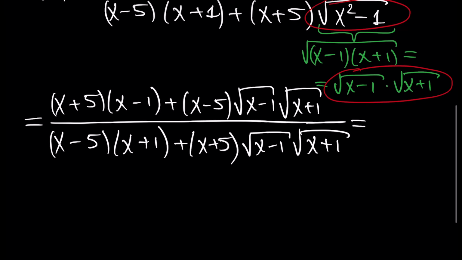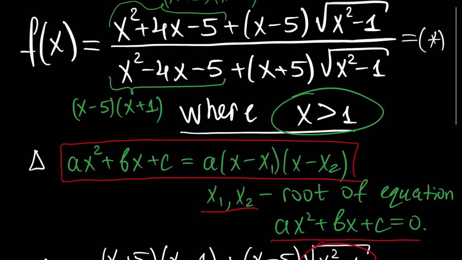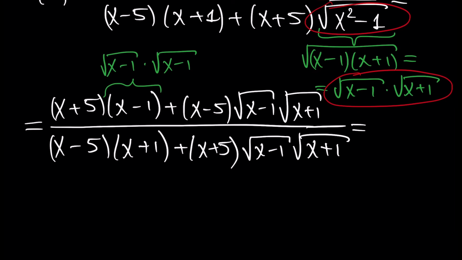And now, obviously, since this term is equal to x minus 1 times x minus 1, we have to remember that by the initial condition, x must be bigger than 1. That's why this square root is valid.